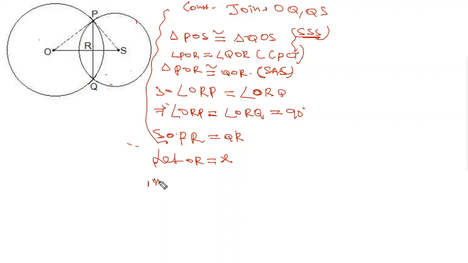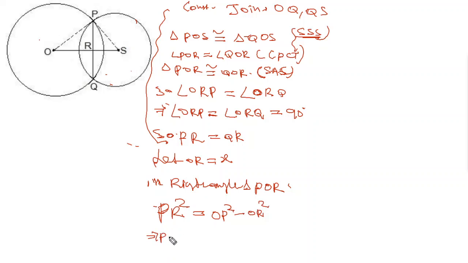In right angle triangle POR, PR square is equal to OP square minus OR square.